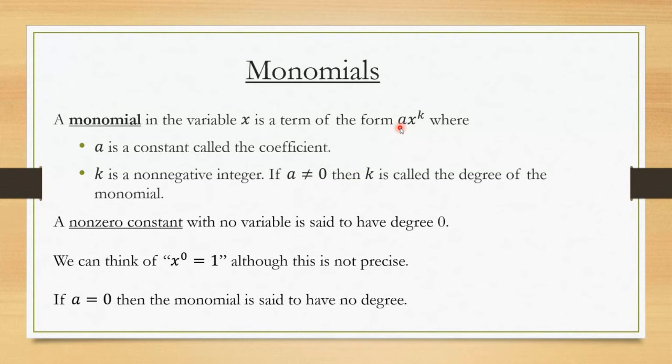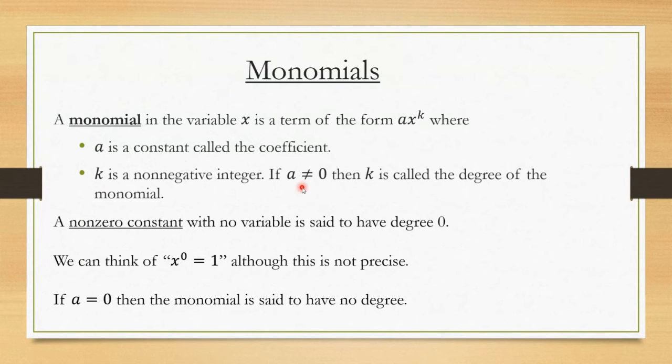But if the a here were 0, then the monomial is just 0, and the degree is undefined. So 0 is a monomial, but it doesn't have a degree. I don't remember why it's defined that way. I think I saw it once when I was in grad school. I think it's just for convenience.